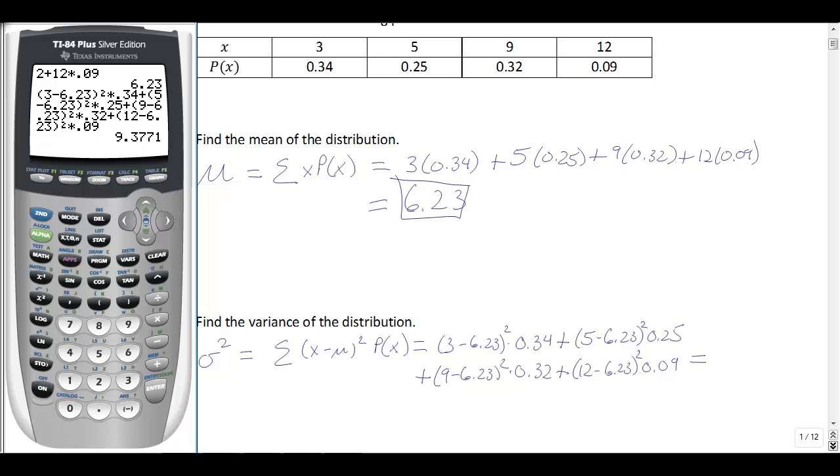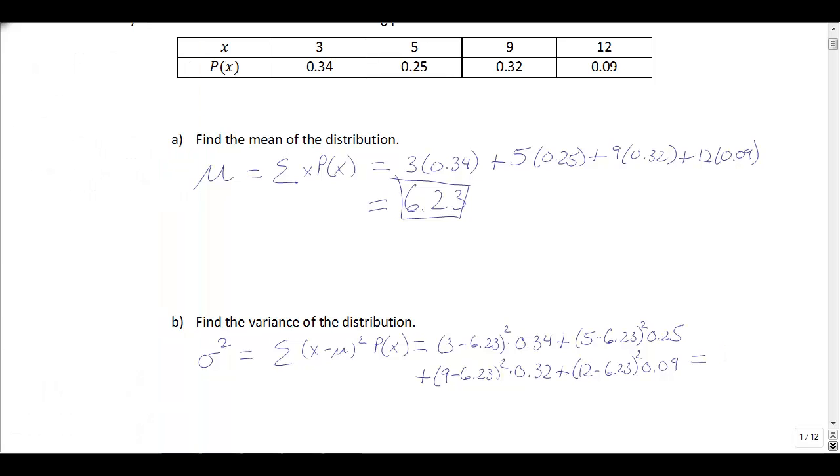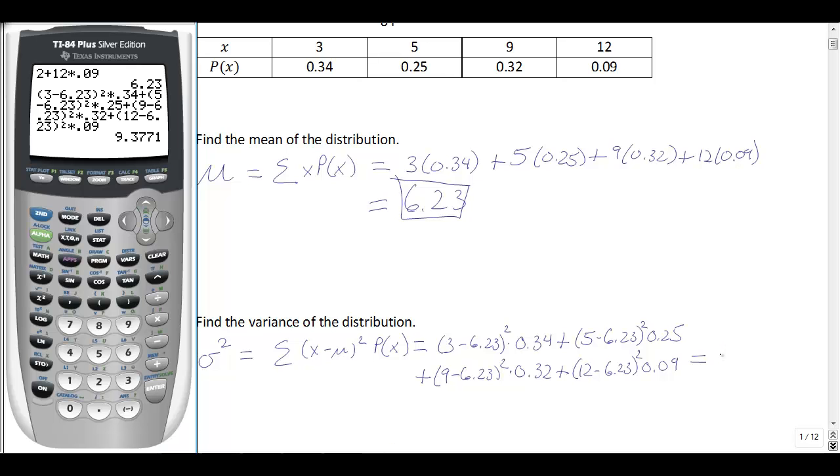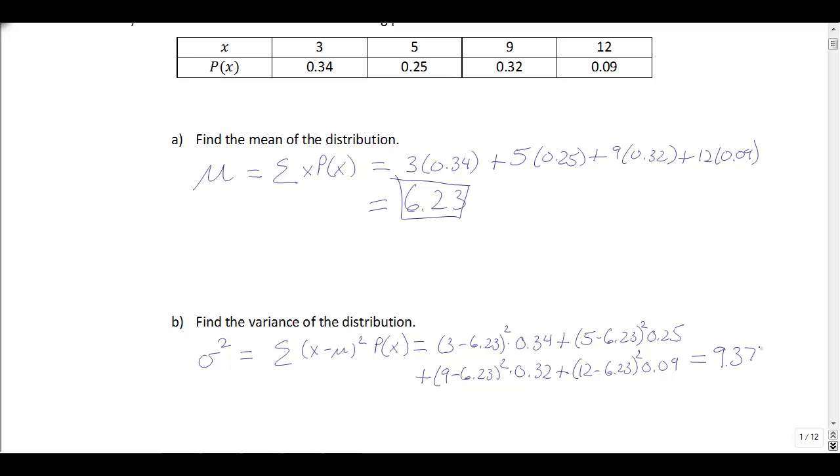So I just run that calculation and I get 9.3771. So again, it's a formula. I go through, use this, and just calculate it out.